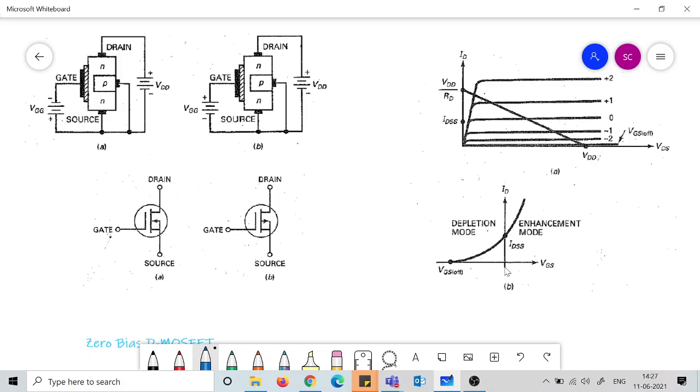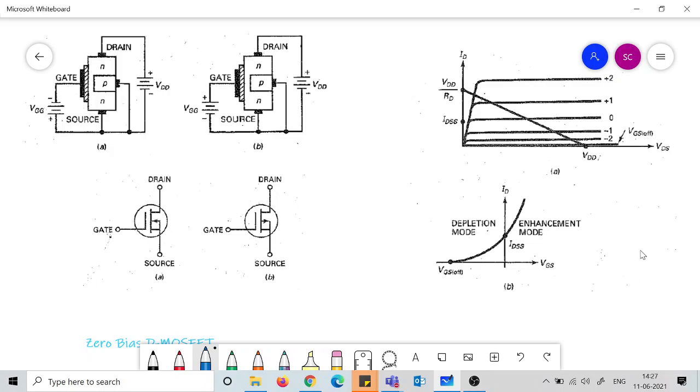So if we had set VGS equals to 0, then it would go to the saturation region directly. VGS equals to 0, that is the curve here. So normally for setting in the saturation region, we used VGS equals to 0.